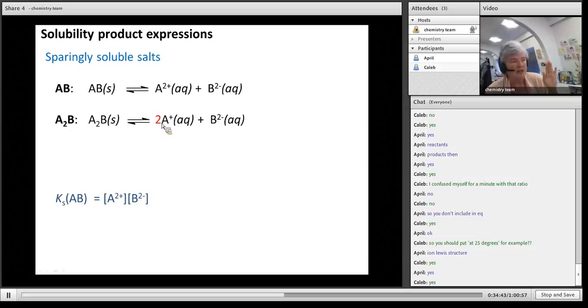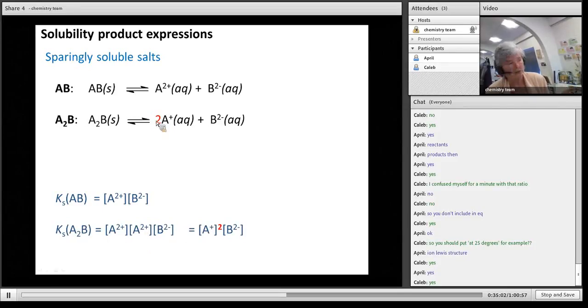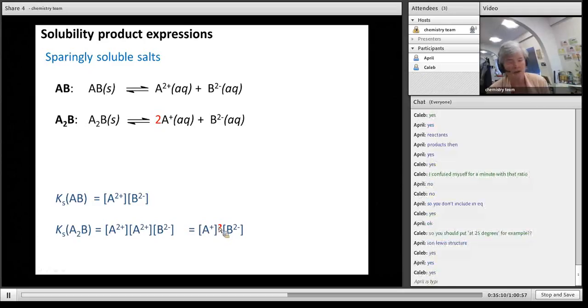So when I write this down here, it's going to be A squared, A times B, and so A times A is A squared. Okay, so when you write the expression, any coefficient that's in front becomes a superscript or a power of after the concentration.